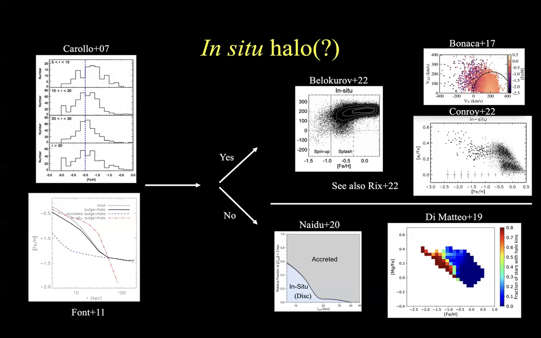And I think the verdict is still kind of out on how much in situ stellar halo mass there is and at what radius and where it dominates, but we know that it is there, and we know that it must have formed somehow, right? So I think that'd be something interesting to look at with LSST, for example. How far out do we think the in situ halo goes, and at what radius is it really dominant?